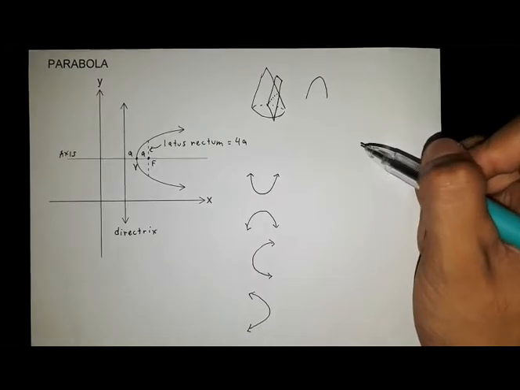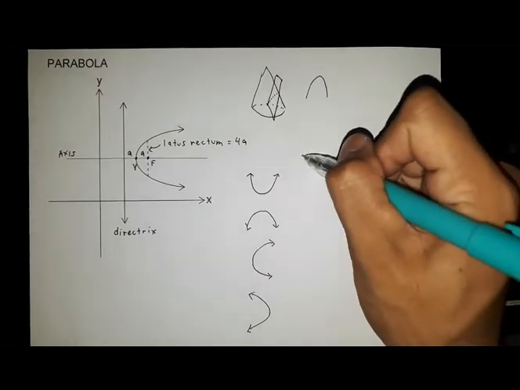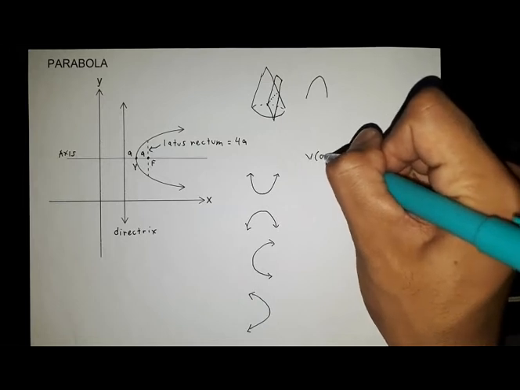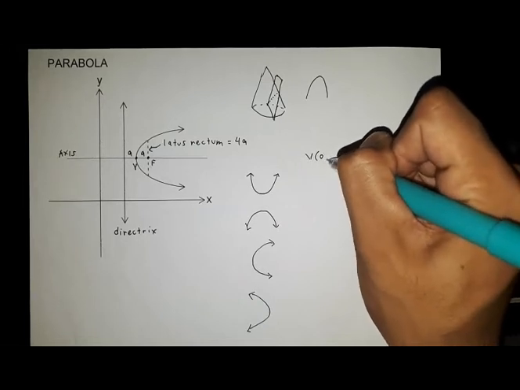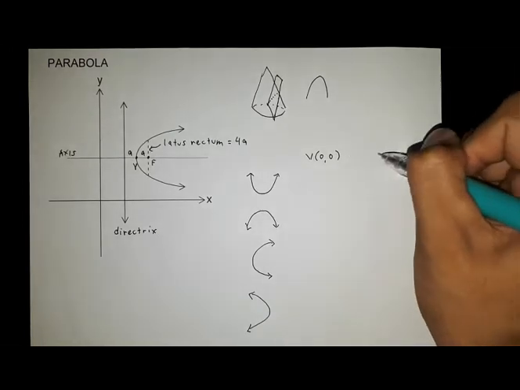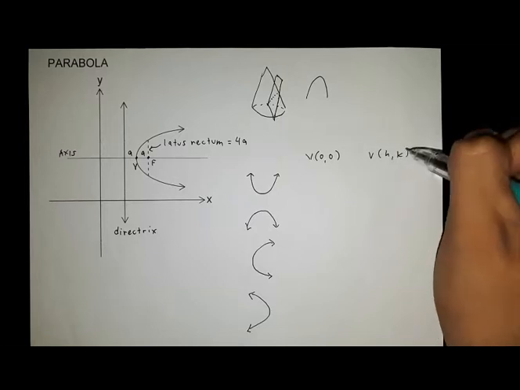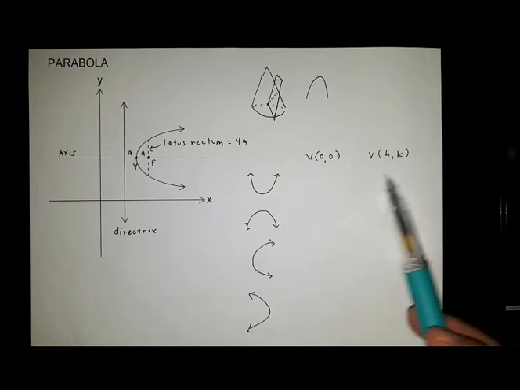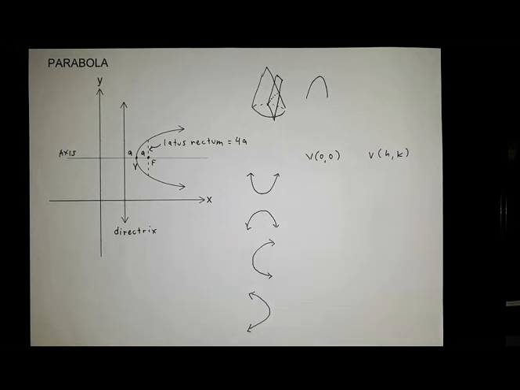It can also have different locations of vertex. So vertex can be located at the origin, or at (h, k). So the equation of the parabola varies depending on the location of the vertex and the opening of the parabola.